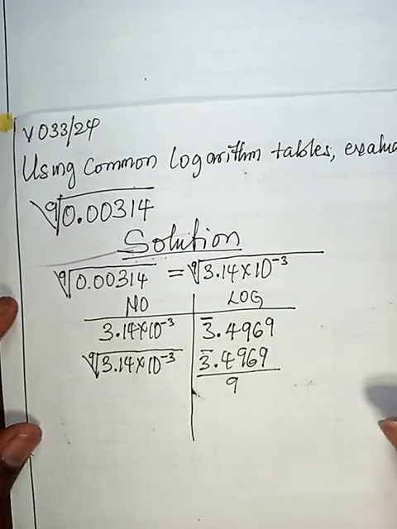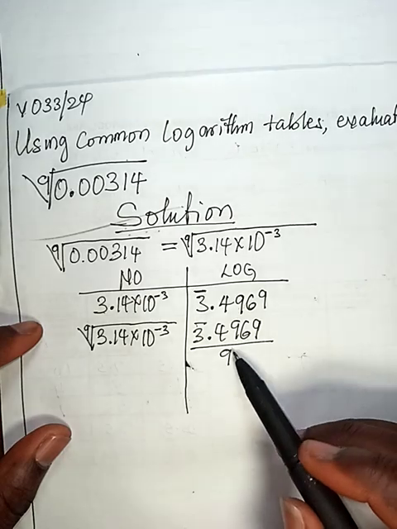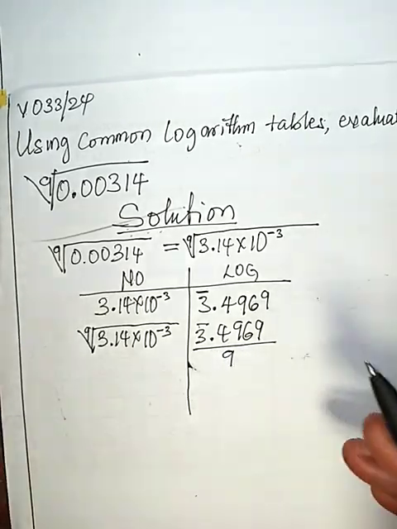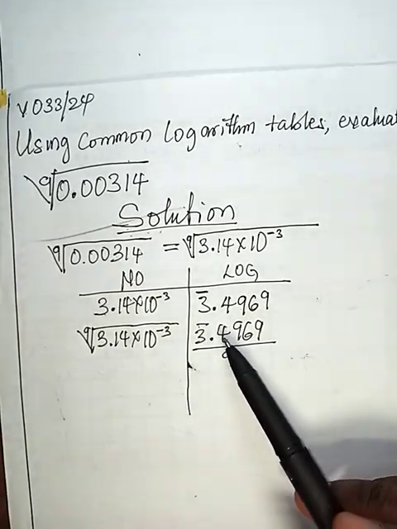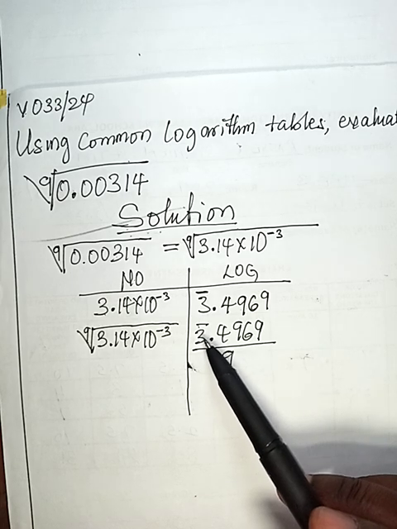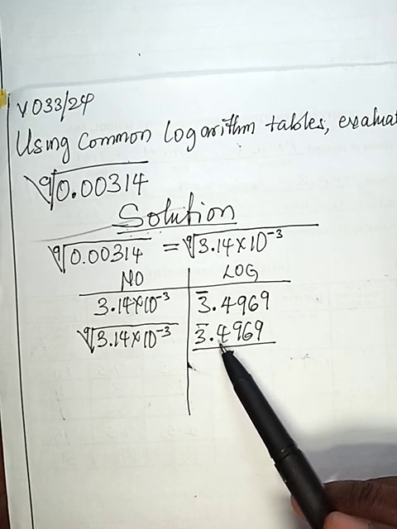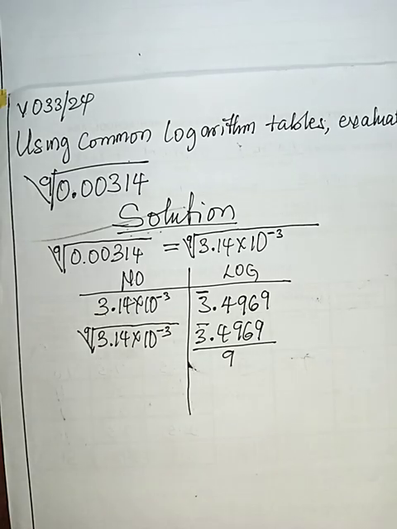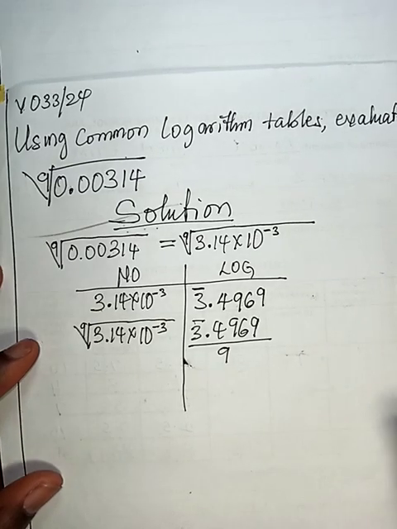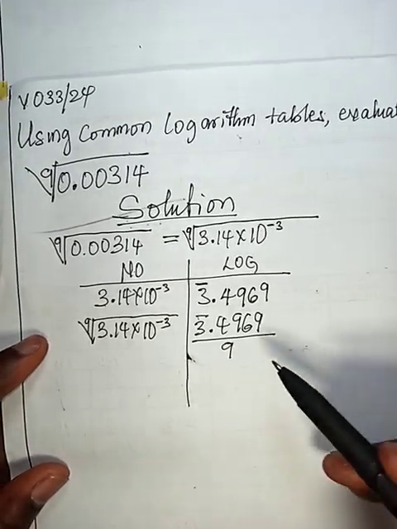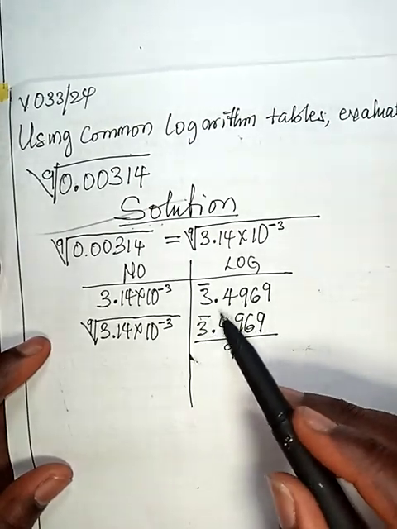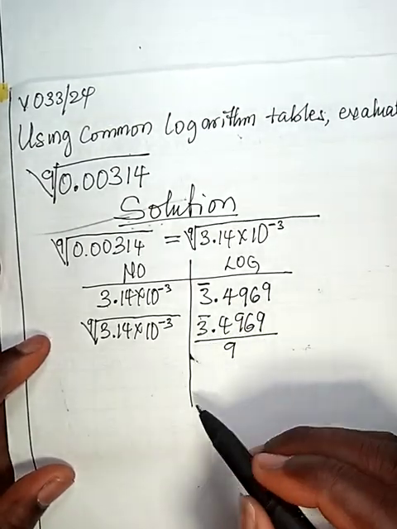Now notice that 9 cannot divide this, and this is the characteristic. The characteristic is a negative number. The mantissa is a positive number. So now we have to separate these two numbers into their forms.